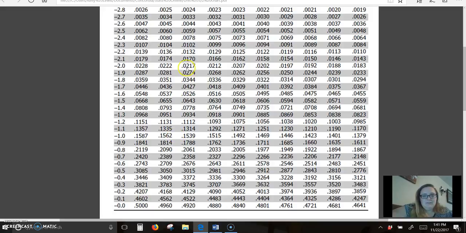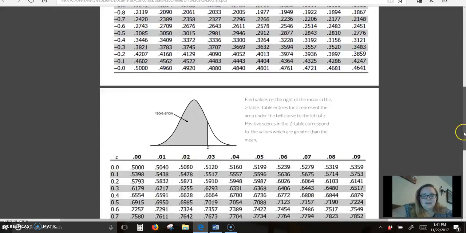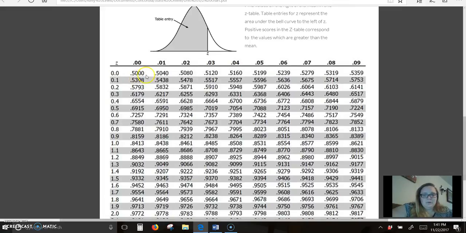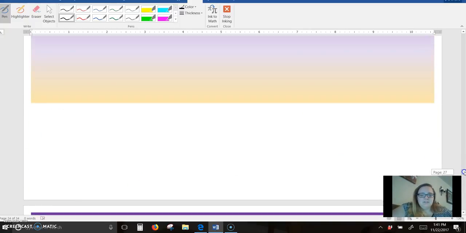So we get 0, and if you go all the way to the top of that column, it's also 0. Okay, what if it was positive 0.5 right here? 0.5 is also right here. There's a 0 and a 0. So you still get 0. It's just easier to type in the calculator if you can remember the function.